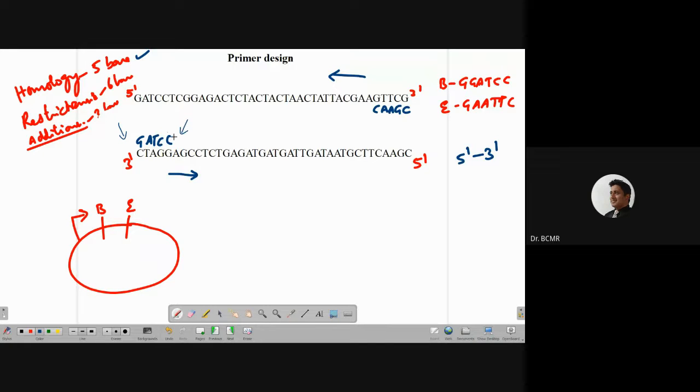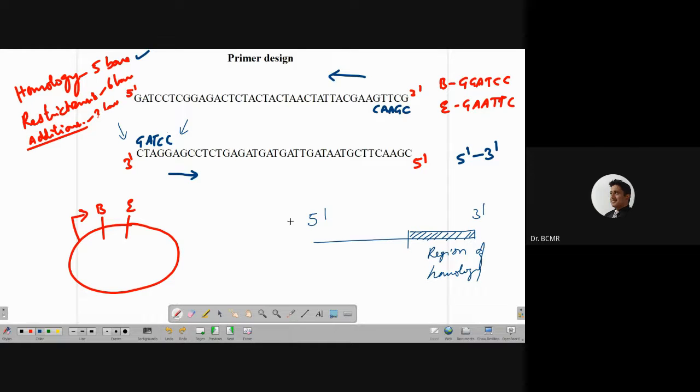We would also try to draw up what are the important parts of the primer. All primers, when you read from 5' to 3', should have the region of homology. This is the region of homology. Even if you put 1 or 2 wrong bases here, then the primer is no longer useful.